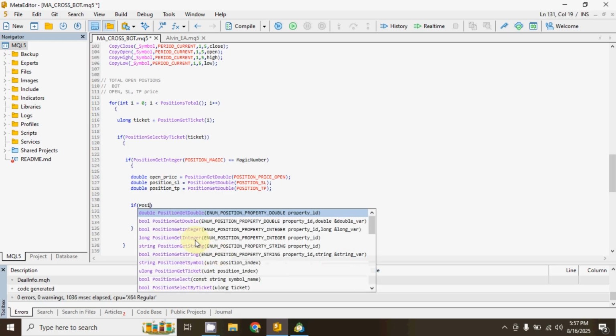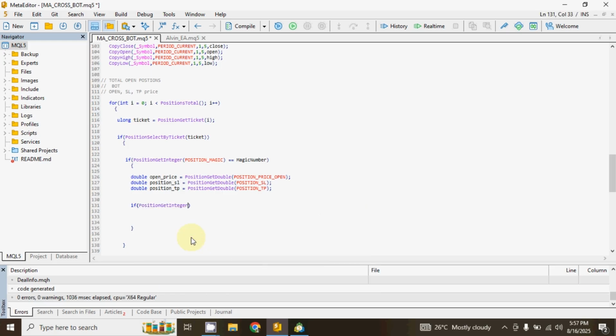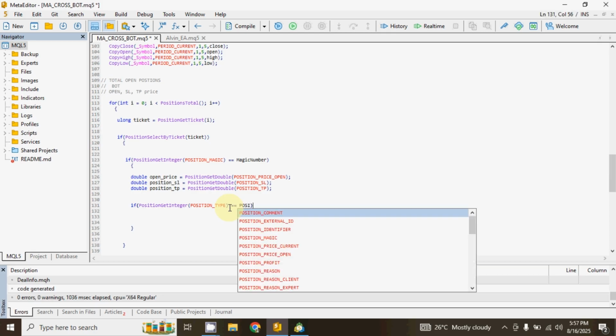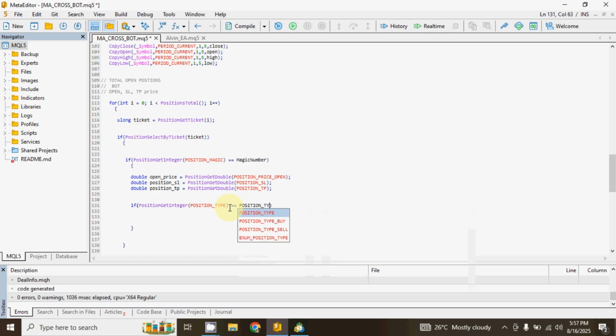Position get integer, position type is position underscore type buy, because this is for a buy trade, right? This condition we want to write is for a buy trade. Position type underscore buy. What should the bot do?